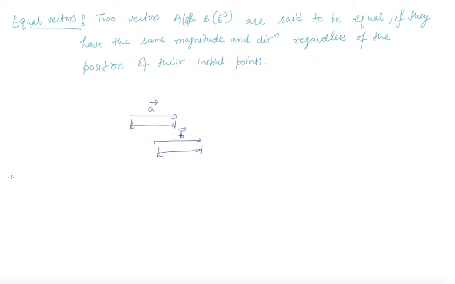Now, the last vector is the negative of a vector.